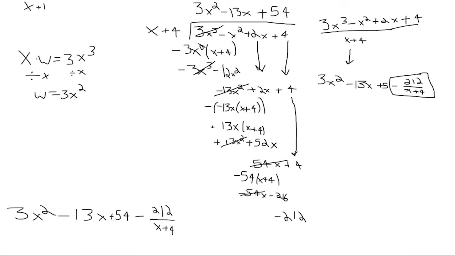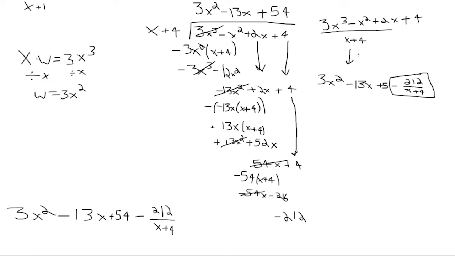But basically, what I was saying was that we ended up with a remainder. So we ended up finding out how many x plus 4s were inside part of this polynomial. But for part of the polynomial, we couldn't find out how many x plus 4s were inside that, okay? So we just basically expressed that with this minus 212 divided by x plus 4, okay?